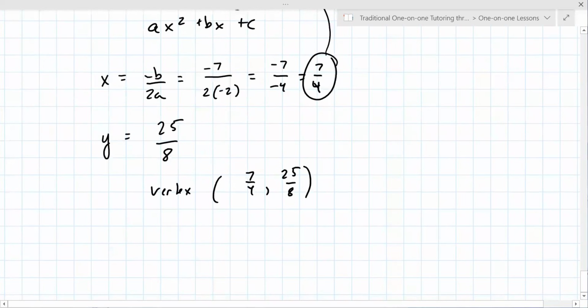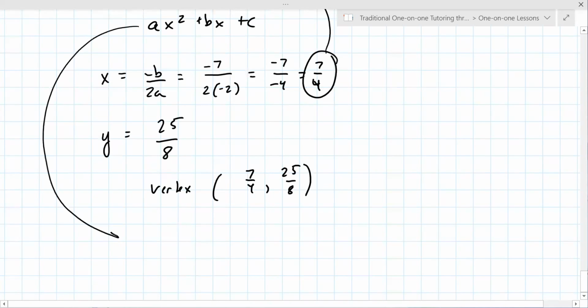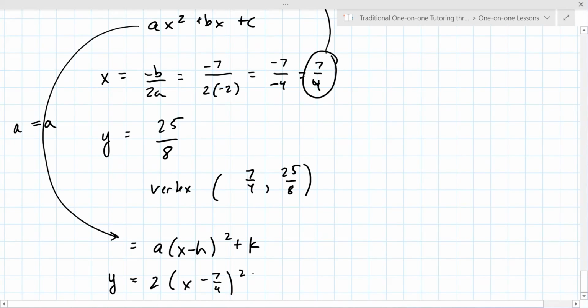So this equation right here is related to this one, x minus h squared plus k. The thing that's true is a is always equal to a, so you're actually kind of done here. Your a is 2, your h is this minus 7/4, and your k is 25/8. I think.